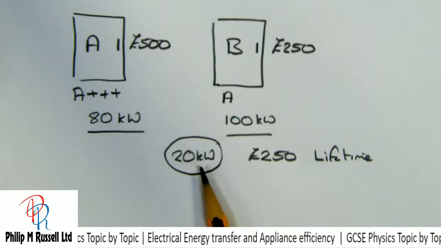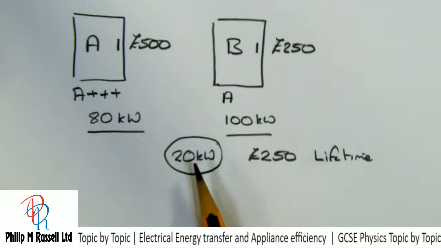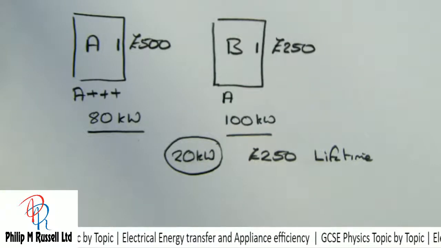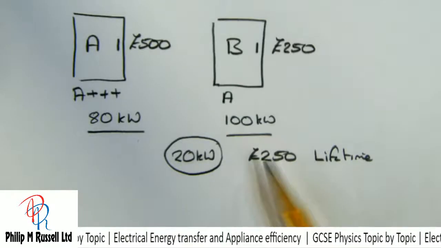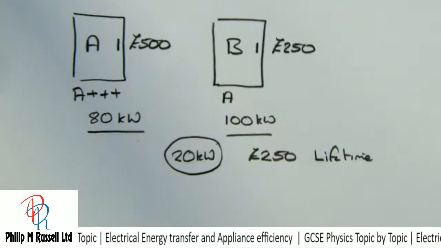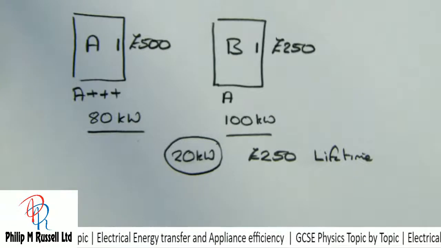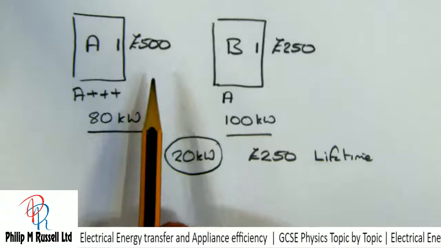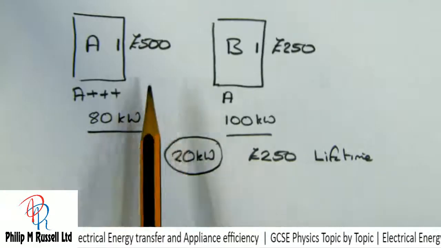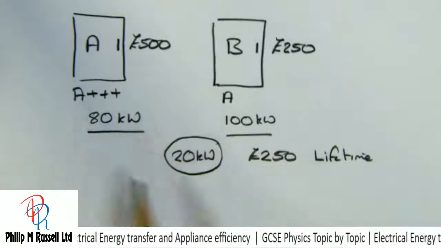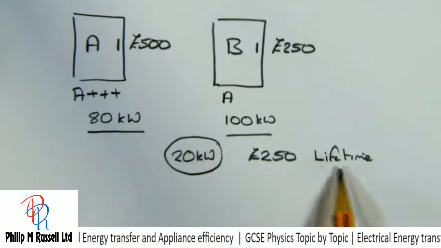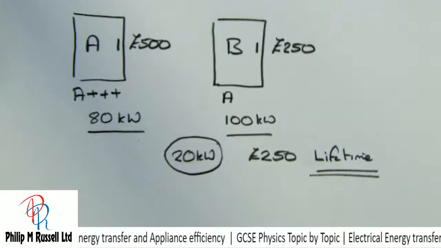And over a lifetime, how many of those do I need to get that extra money back? This is a big problem that we've got when we're looking at these type of devices. Sometimes the most efficient isn't necessarily the cheapest overall, because we want to look at the lifetime of our product.